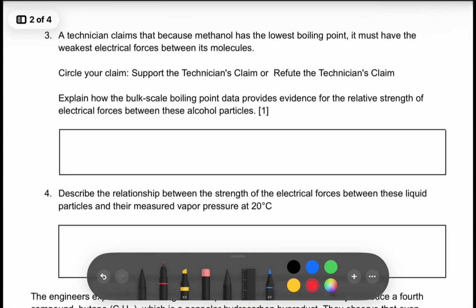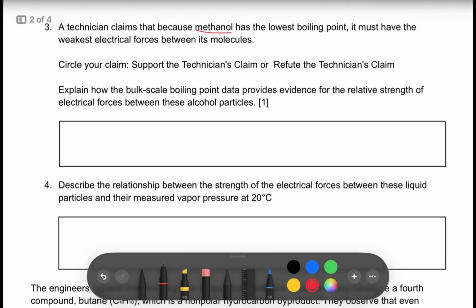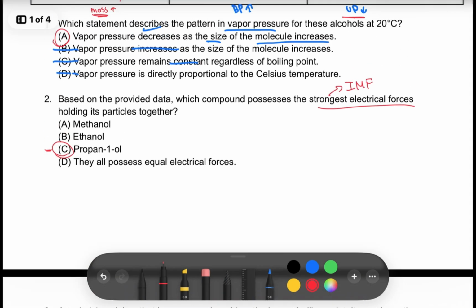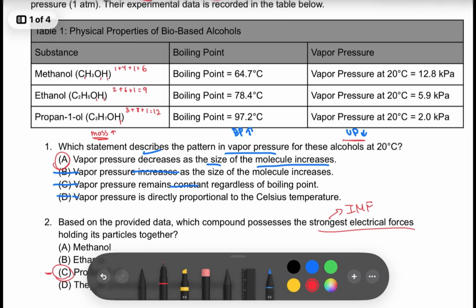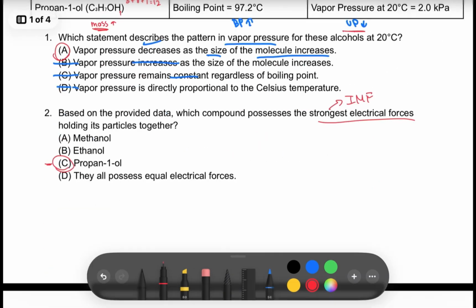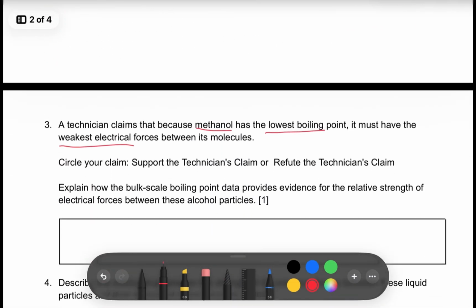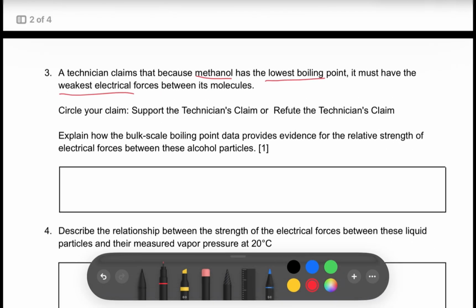A technician claims that because methanol has the lowest boiling point, it must have the weakest electrical forces between its molecules. Well, as we see here, methanol does have the lowest boiling point of 64.7. And this technician is claiming that it must have the weakest electrical forces. Now, I'm going to support the technician's claim. Why?